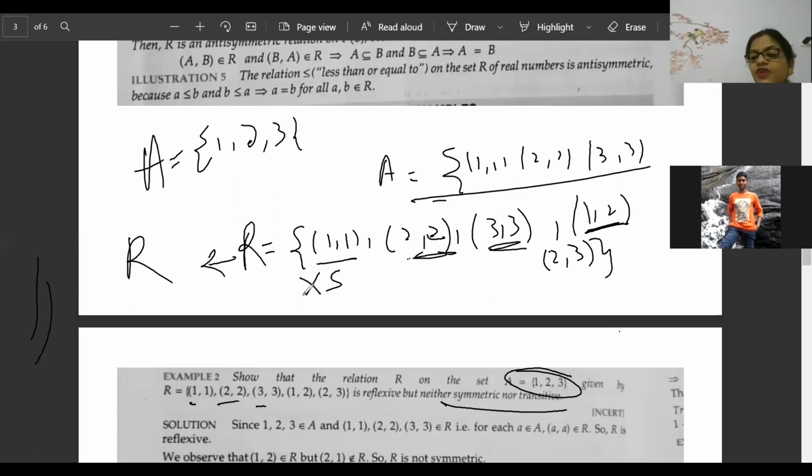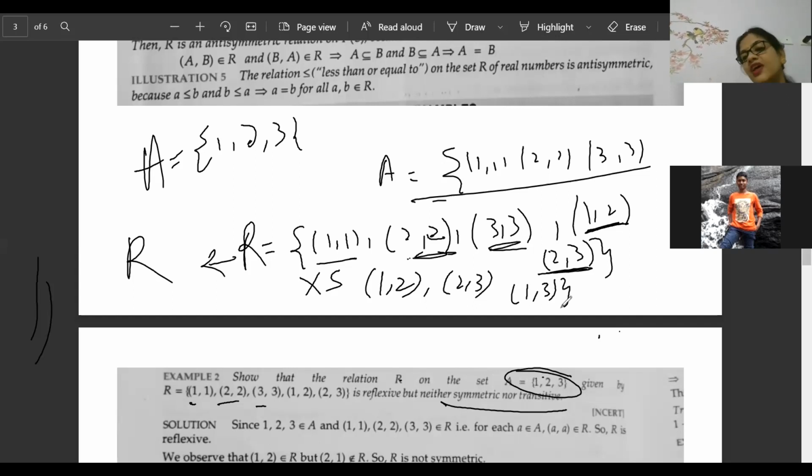What about the transitive condition, beta? Look here. Here 1 comma 2 is there, 2 comma 3 is there. The 1 to 2 link is there, the 2 to 3 link is there. What is missing here is 1 comma 3. So since 1 comma 3 is not inside, it is not a transitive relation.